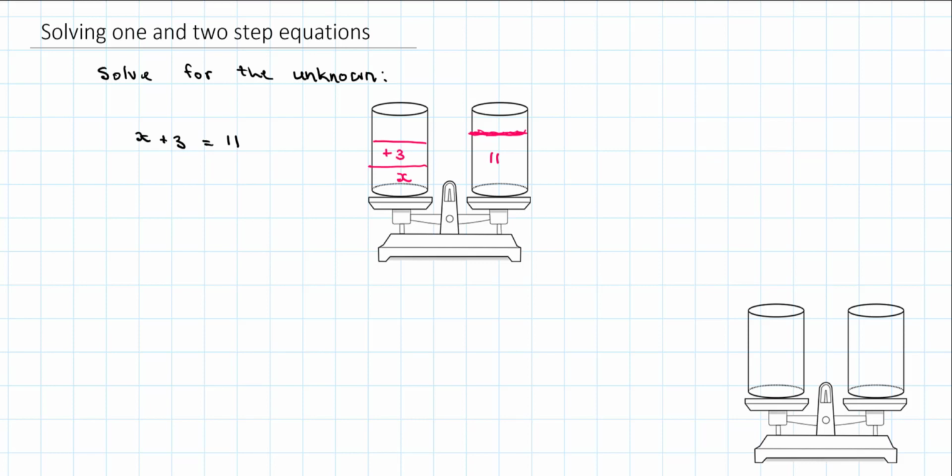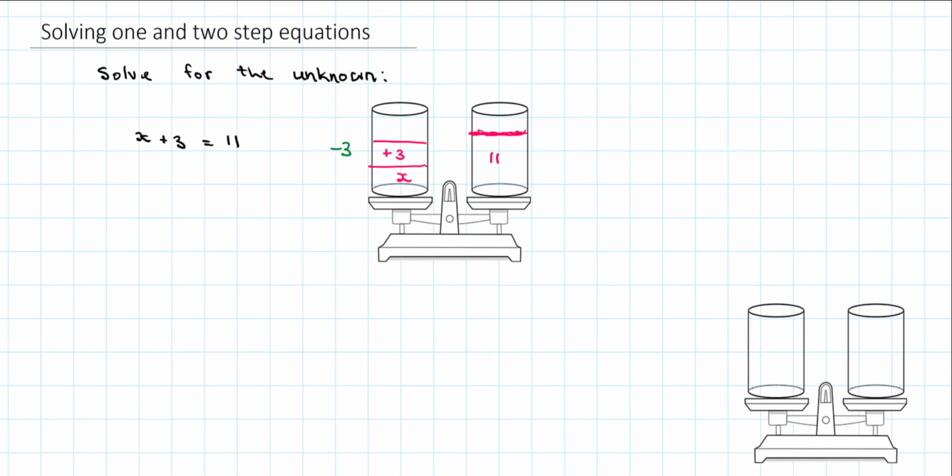And the idea is, if I'm going to keep that equality true, that scale balanced, if I do something on the left-hand side of the scale, I need to do the same thing on the right-hand side. So if I want x to be the only thing on the left-hand side of my scale, then I need to undo the plus 3. And we know the opposite process to plus 3 is minus 3.